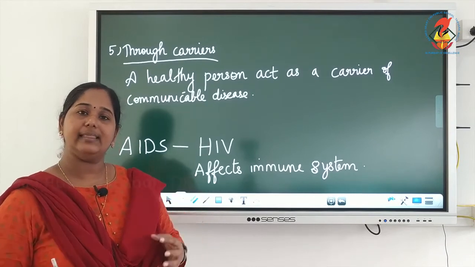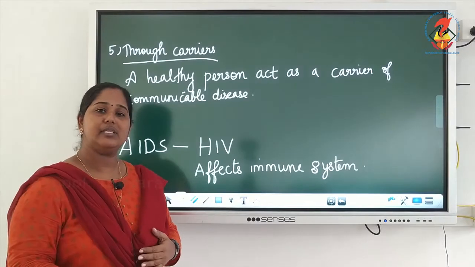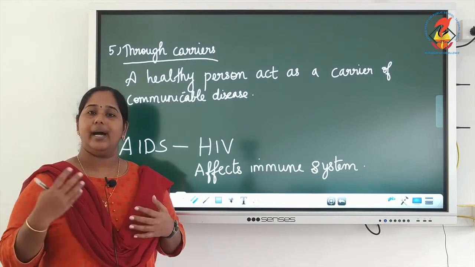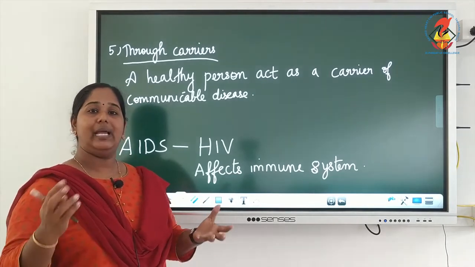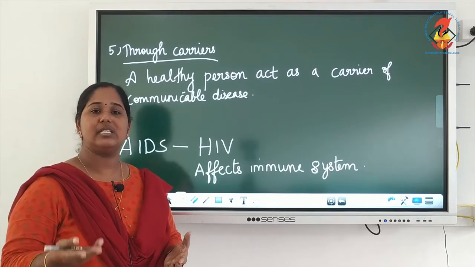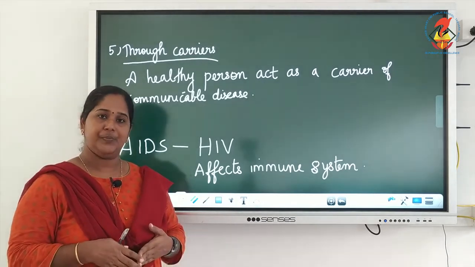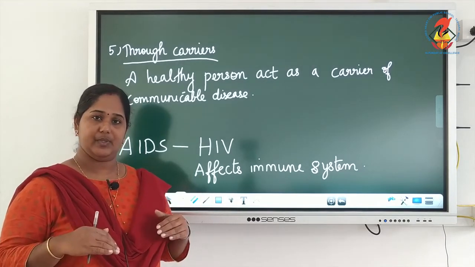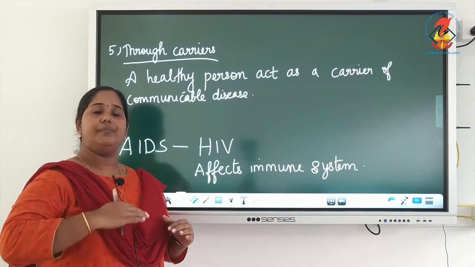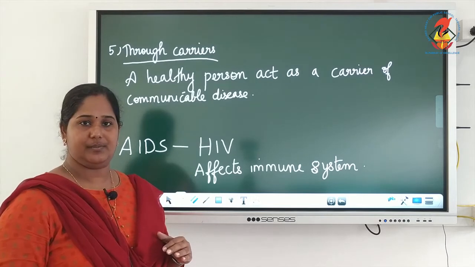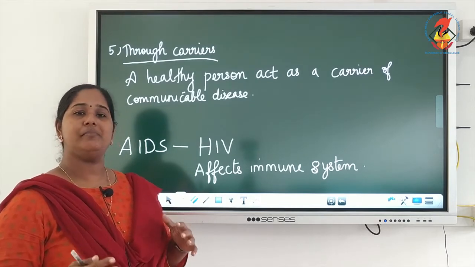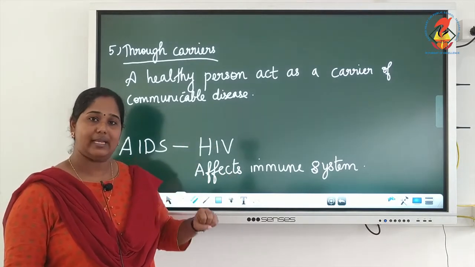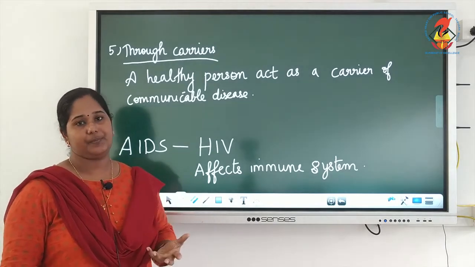But if an unhealthy person comes in contact with this healthy person, he can get this disease either by direct contact or by the air, by coughing, spitting, sneezing and all, standing near the unhealthy person. So it is not necessary that a person who has the germ should be infected. He can act as a carrier to spread the disease to an unhealthy person.